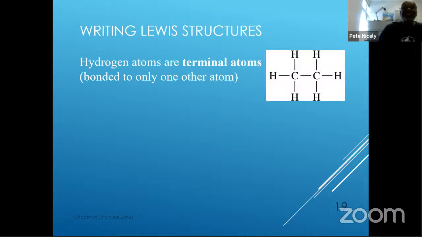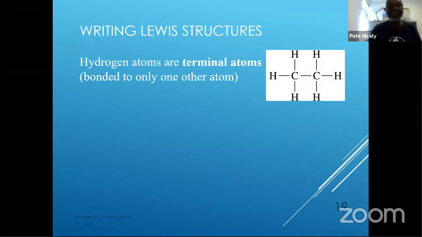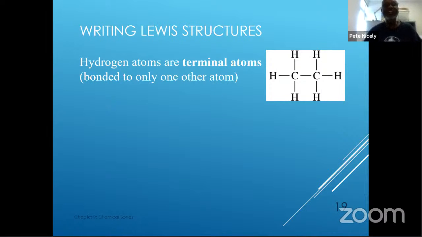So basically, if you're given a formula for a molecule or a polyatomic ion, how would you determine the Lewis structure of that molecule? And in order for us to do that, we have to go through some steps. But I'm going to give you just some general information here to begin with. First thing you need to recognize is that wherever you have hydrogen atoms present in a molecule, those hydrogen atoms must be terminal.